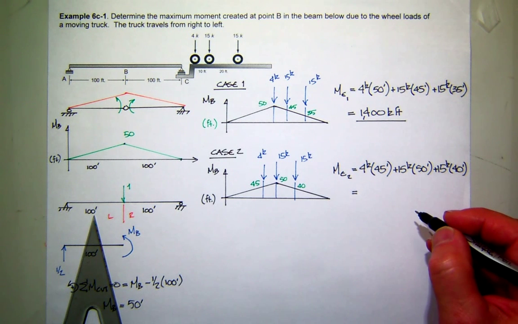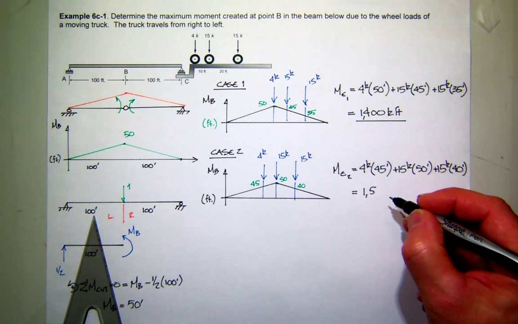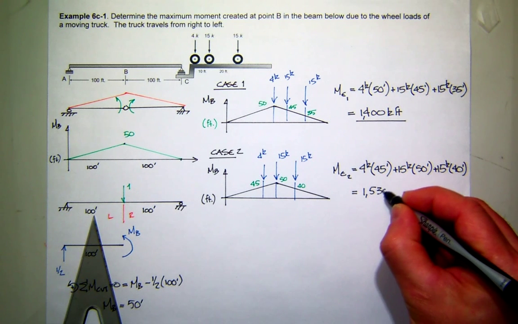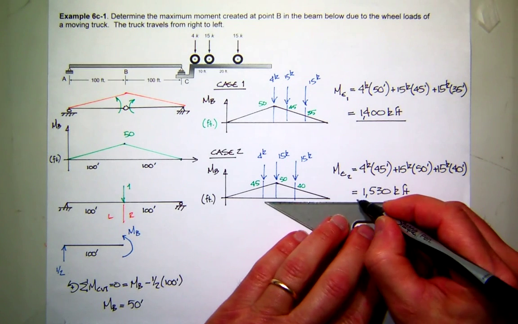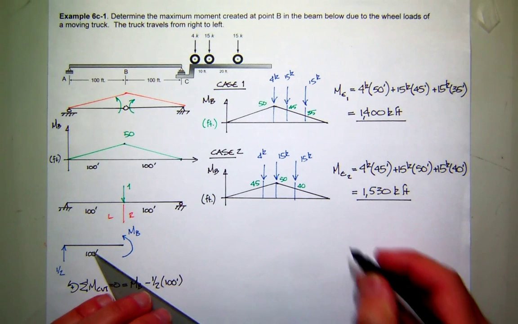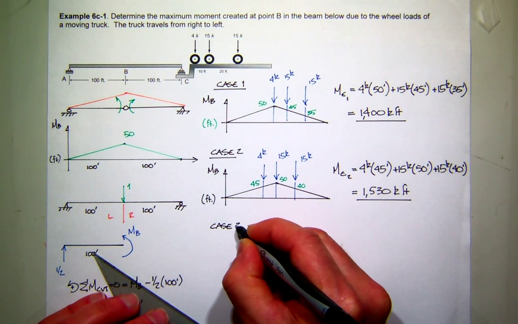I think it's going to be bigger than the first case. 1,530. And that's kip feet. So that looks like the more critical of the two. Let's go ahead and check the third case.